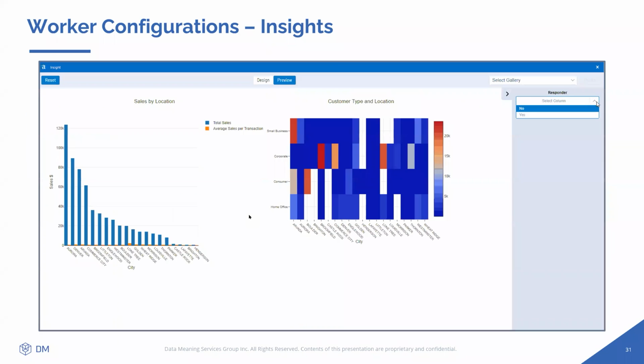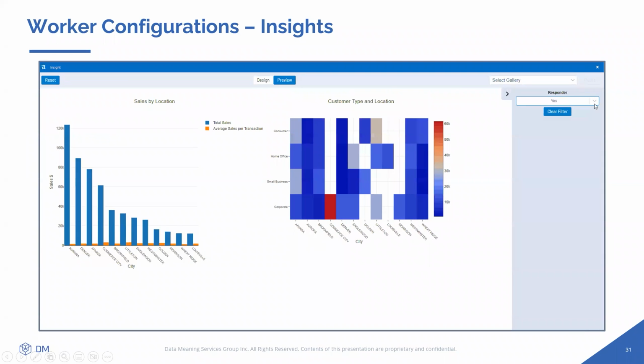So that is it. The next one will be the insights. As you can see, a quick recap from previous sessions. Insights are interactive dashboards created in the designer and published in the server. So we can also enable the worker to act as an insight worker to handle these insights.